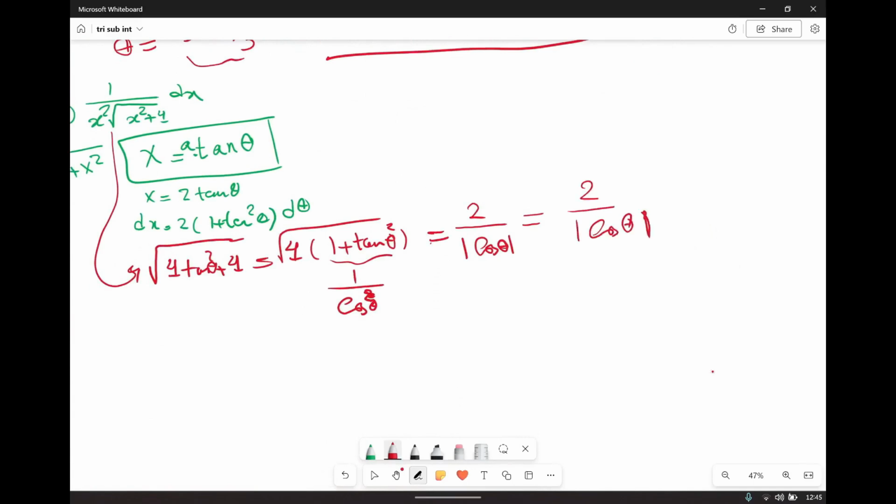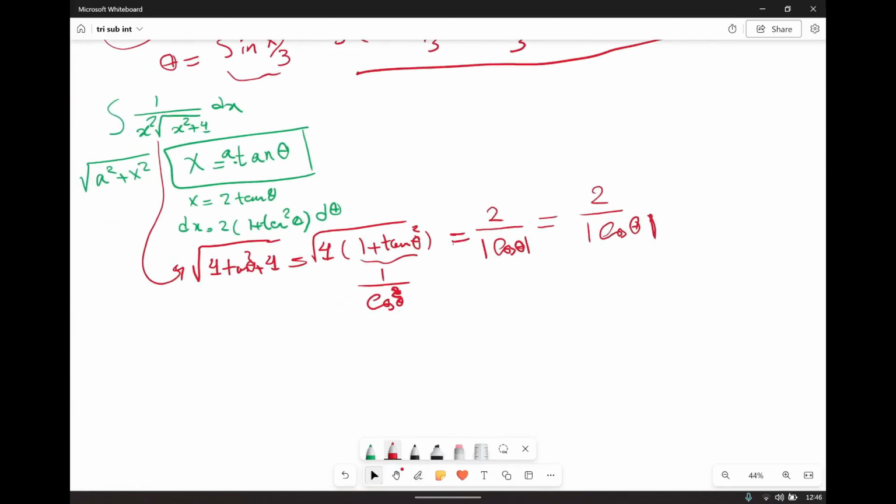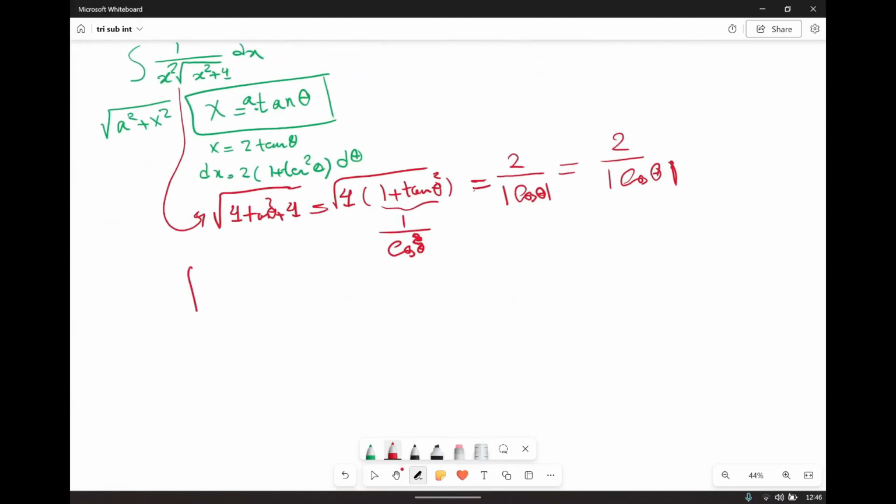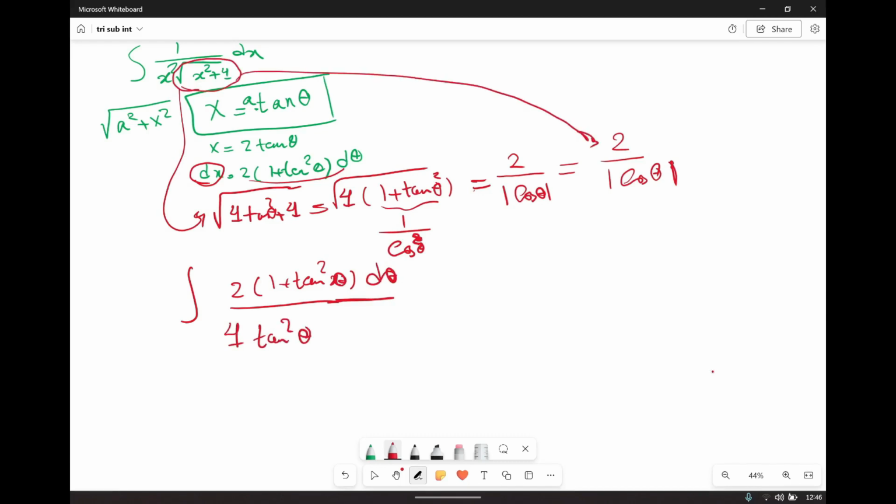Okay guys, let's substitute this new variable into the initial formula. Therefore dx is 2 times 1 plus tangent squared theta d theta. About x squared, it is 4 tangent squared theta, and the radical factor is 2 over cosine theta.